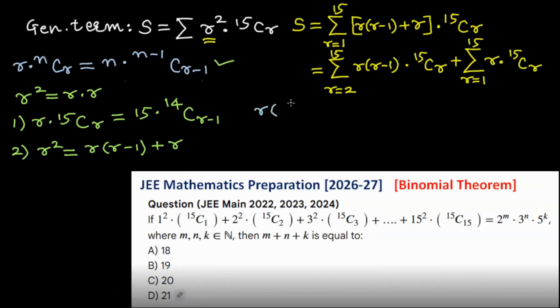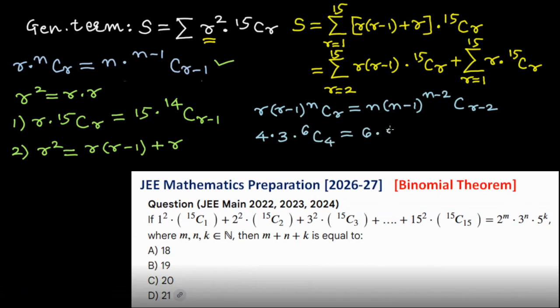We have r into (r minus 1) nCr equals n into (n minus 1) (n minus 2) C(r minus 2). This property also we can verify by taking r equals 4. So this will be 4 into (4 minus 1), taking n equals 6, 6C4 equals 6 into 5 into (n minus 2, that is 6 minus 2) 4 C (r is 4, 4 minus 2) 2.